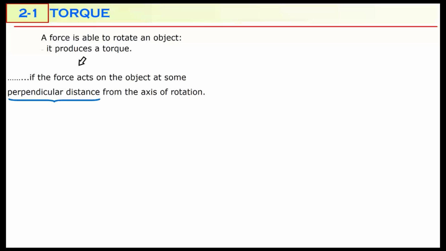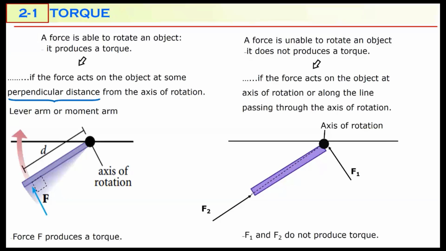In here, on the left side, this F is rotating the object. So this force can produce a torque. But F1 and F2 cannot rotate the ruler or the object, because F1 is acting at the axis of rotation.